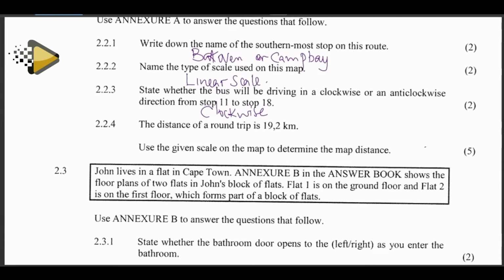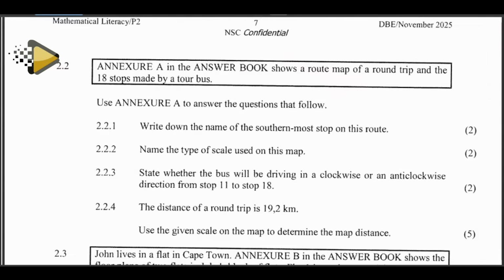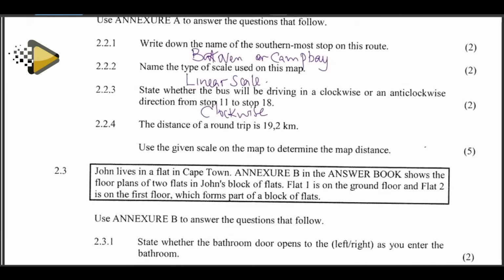When you measure the scale that we have here on the map, this one here, I got 12 millimeters, which is 1.2 centimeters. So meaning, on that scale, my 12 millimeters are equivalent to 500 meters.